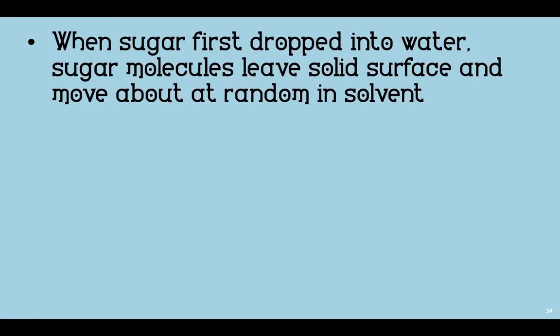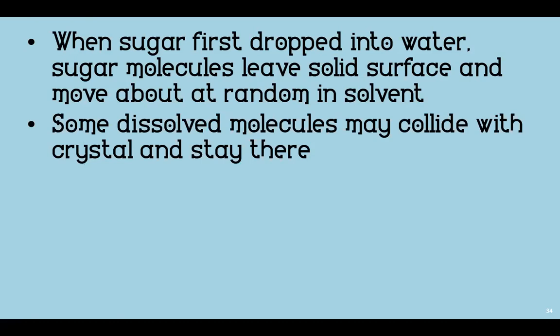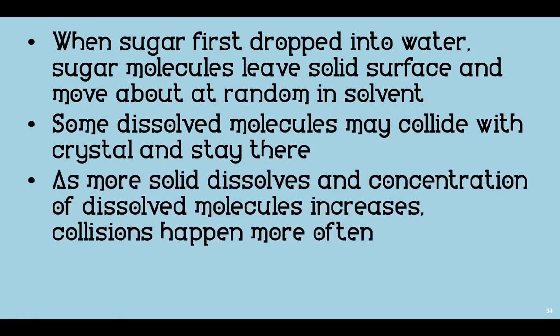When the sugar is first dropped into water, the sugar molecules leave the solid surface and move about at random in the solvent. Some of the dissolved molecules may collide with the crystal and stay there.